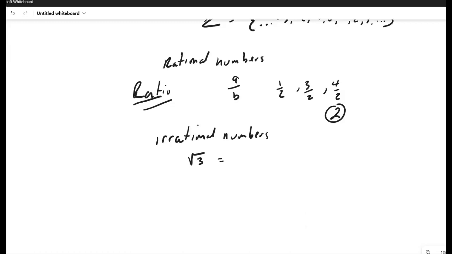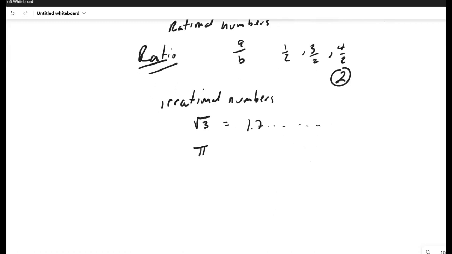If you plug that in your calculator, you're going to get 1.7 blah blah blah, and that number will go on forever. The number pi, 3.141..., goes on forever. Those are irrational numbers. So when you read about that, don't get scared about irrational numbers.